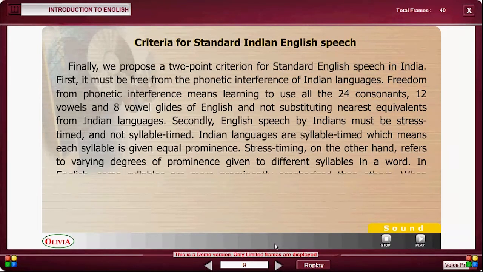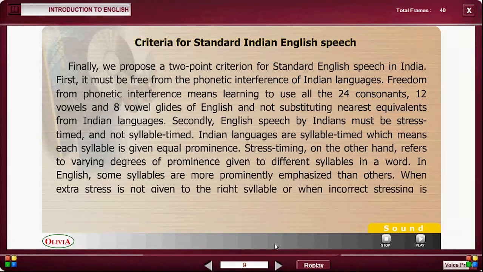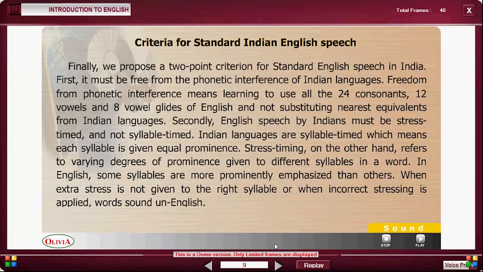Stress timing, on the other hand, refers to varying degrees of prominence given to different syllables in a word. In English, some syllables are more prominently emphasized than others. When extra stress is not given to the right syllable, or when incorrect stressing is applied, words sound un-English.